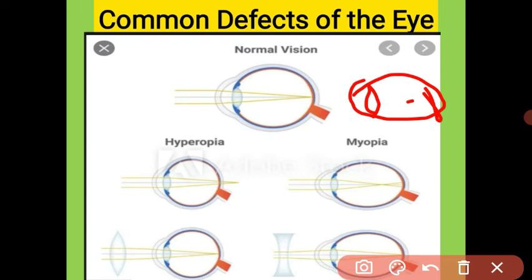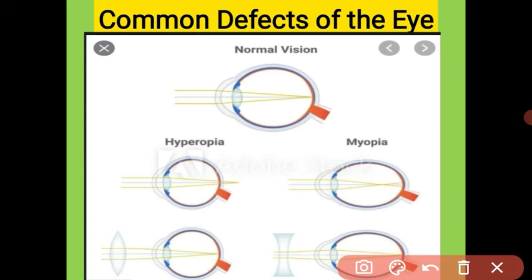Understood what myopia is and the reason behind it? There are two reasons. First, the eyeball is elongated, and second, the lens is too curved. Due to this, the person is not able to see far objects.